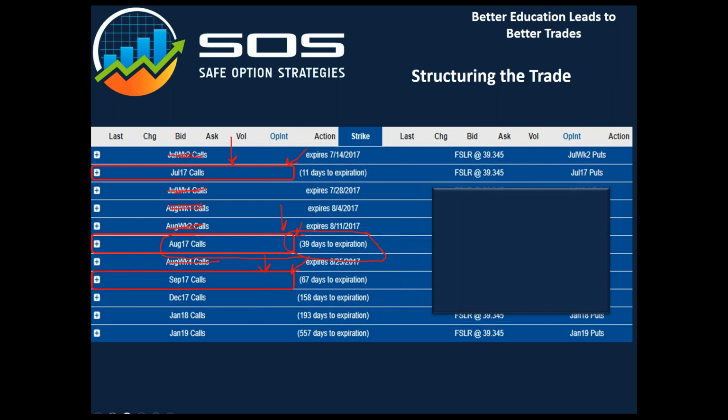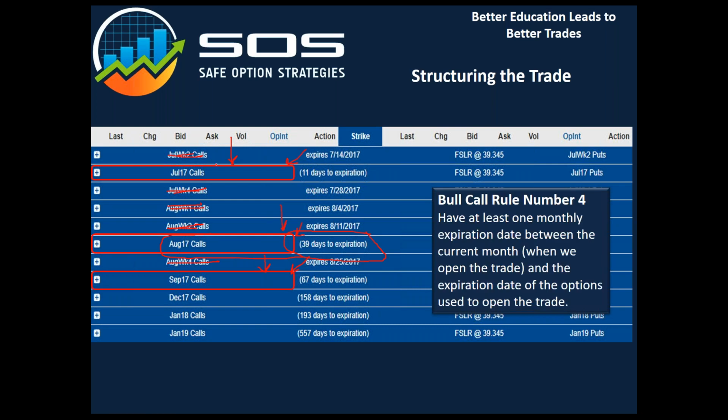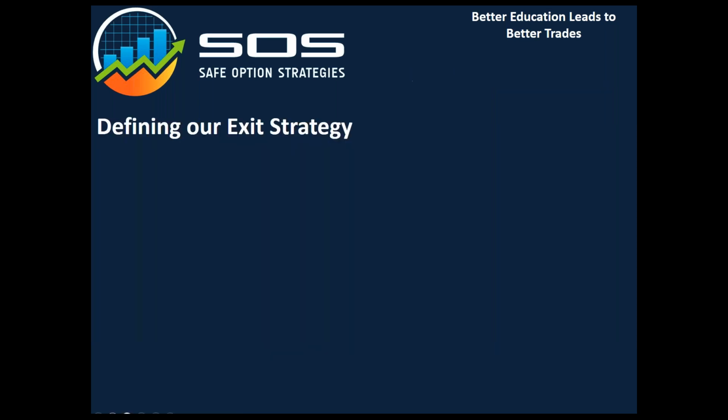Because there does not exist between the most current upcoming monthly expiration date and the one that you're considering for the trade, if you chose the August one, a monthly one in between. There needs to be at least one monthly option in between the most current upcoming one and the one that you would consider opening your trade at. I'm not going to elaborate more on this right now because I'm going to talk a lot more about this when we teach you how to adjust the trade in the next class.